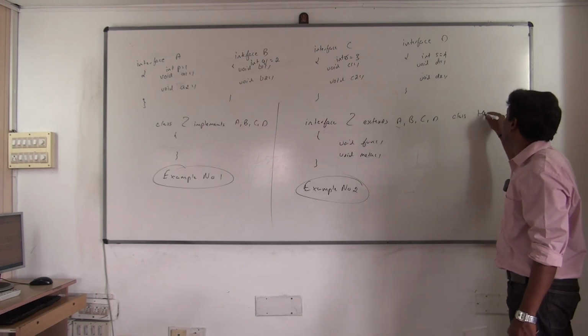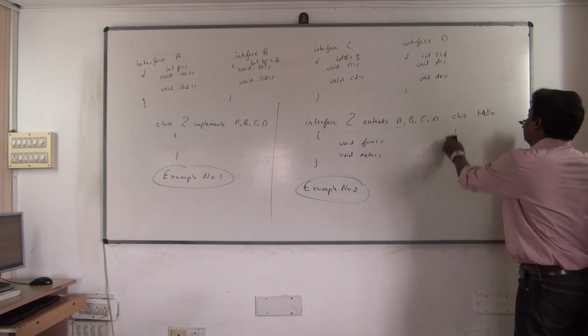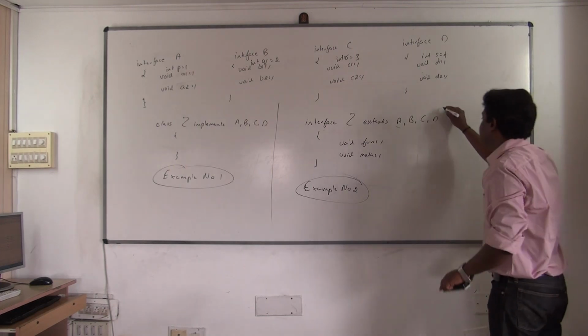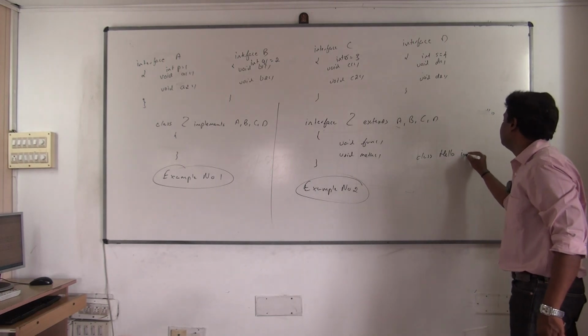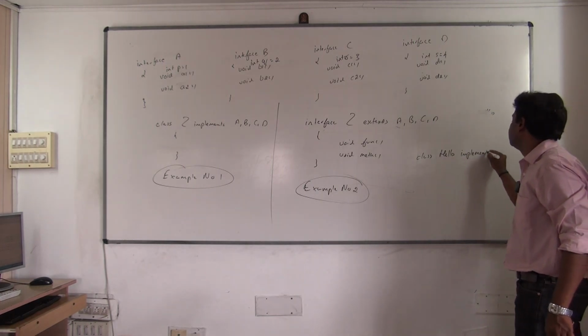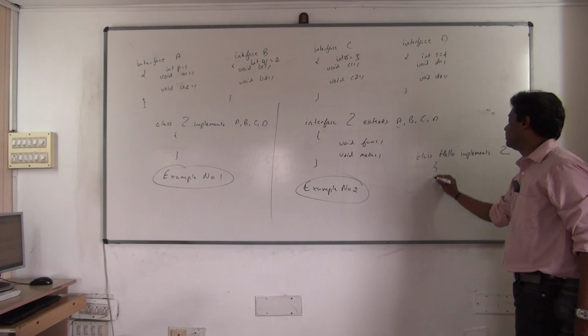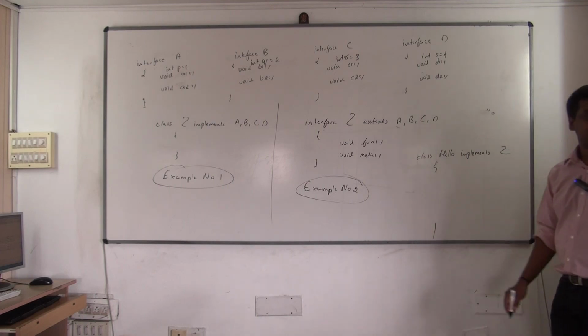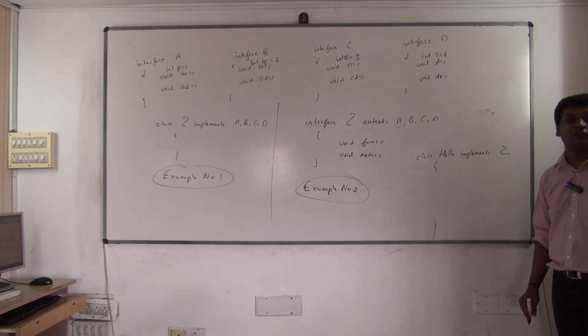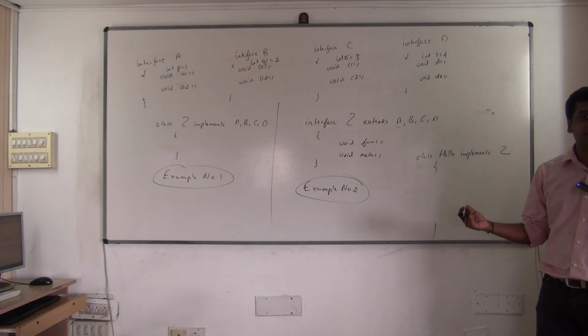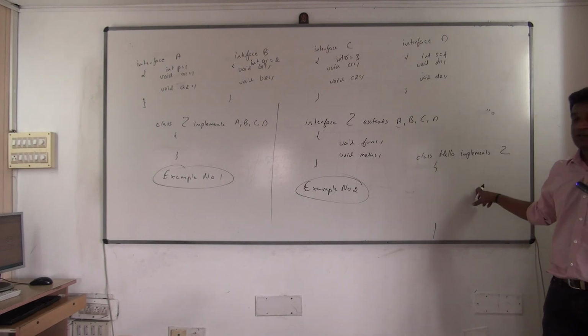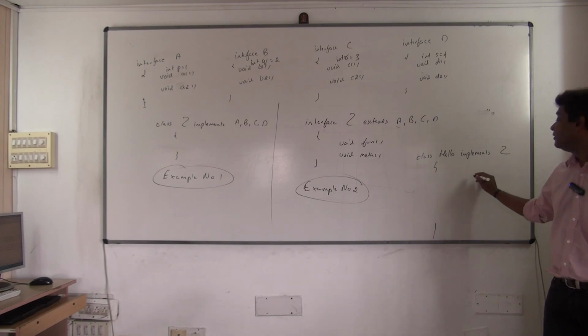So what I should do now? Class hello. See, this is how you write. Class hello implements what? If you say Z, implementing Z means how many methods you have to implement now? Methods of A, methods of B, methods of C, methods of D, methods of Z. So totally you have to implement how many methods here? 10 methods.